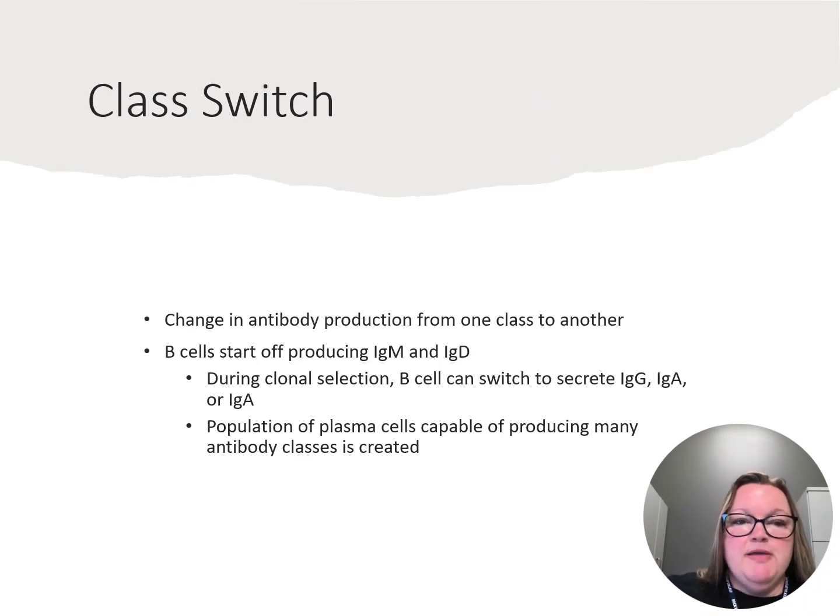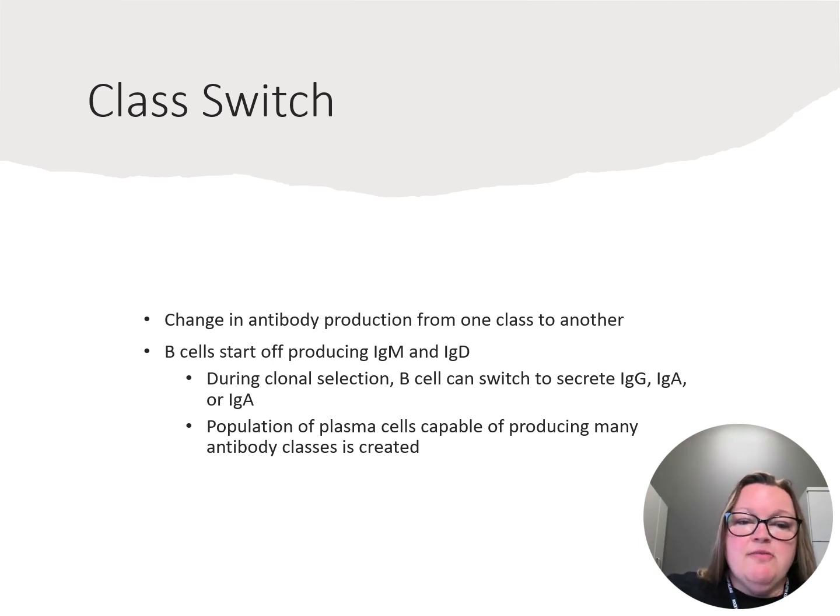A part of B cell maturation that we didn't talk about is called a class switch. This is the process that changes antibody production from one class to another. B cells start off producing IgM and IgD, so one of these may switch to a new line of antibodies. Remember when we talked about plasma cells coming from B cells and producing antibodies?